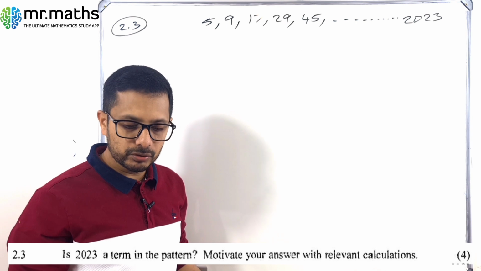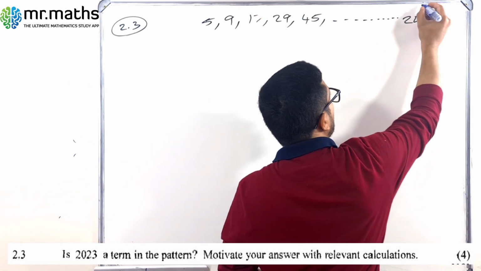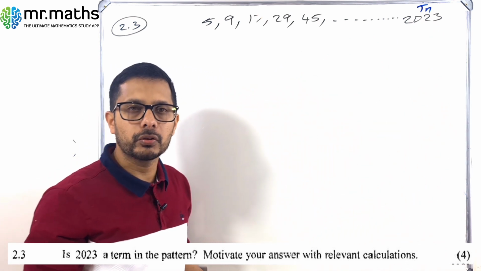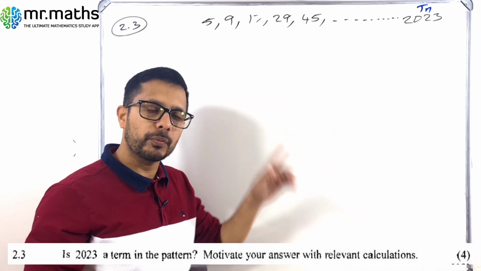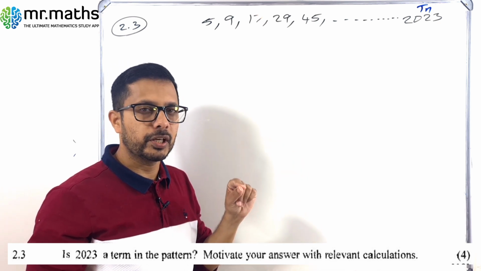So what we have to do is assume that this 2023 is a Tn, the last term or nth term. Then from there we have to find the value of n. Listen very carefully.